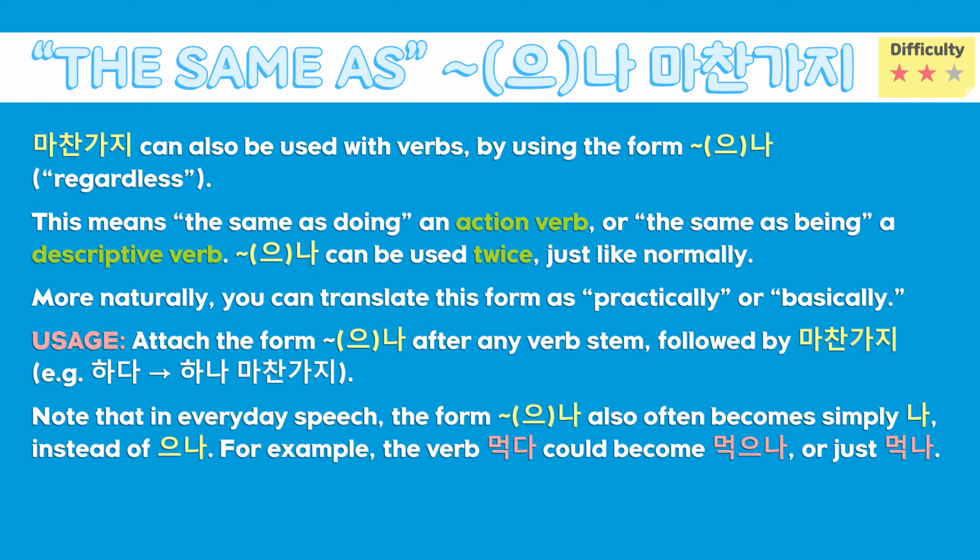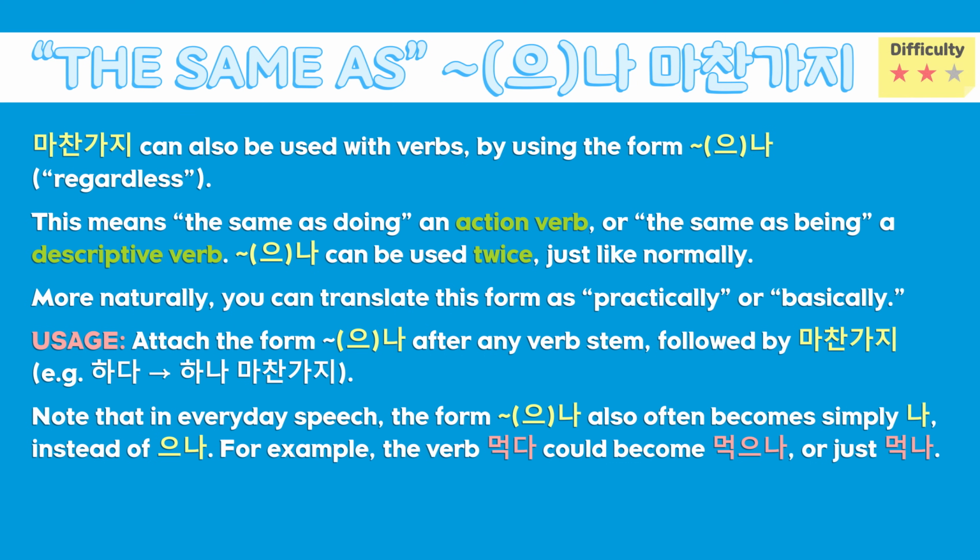마찬가지 can also be used with verbs by using the form 으나, meaning regardless. This means the same as doing an action verb or the same as being a descriptive verb. 으나 can be used twice, just like normally. More naturally, you can translate this form as practically or basically.